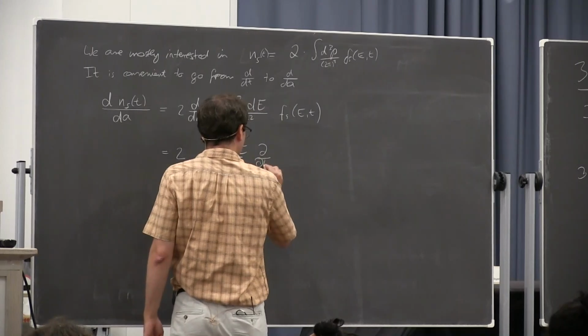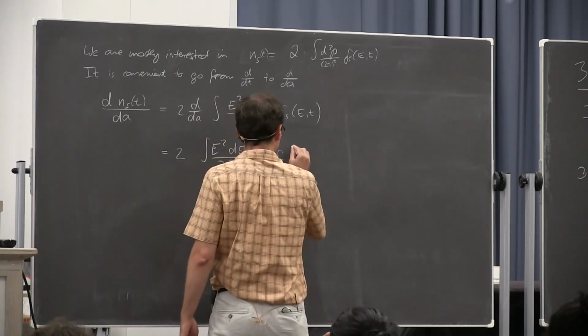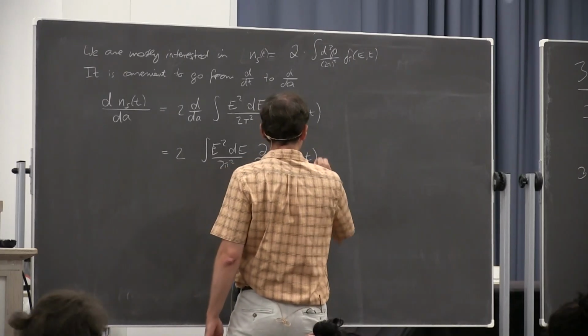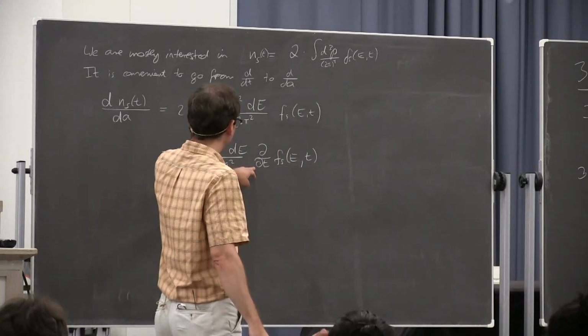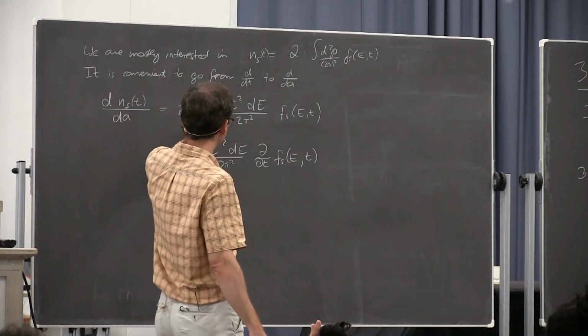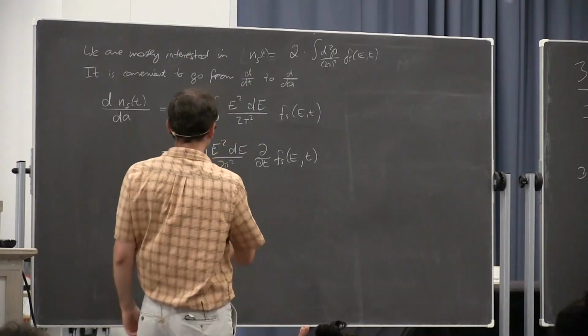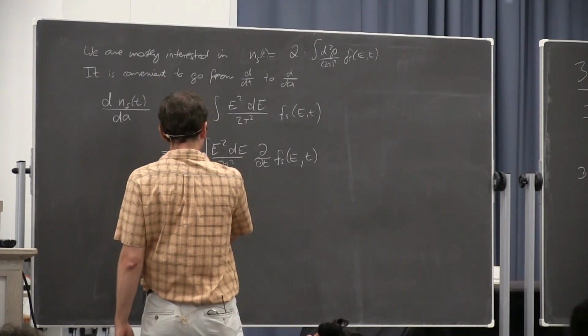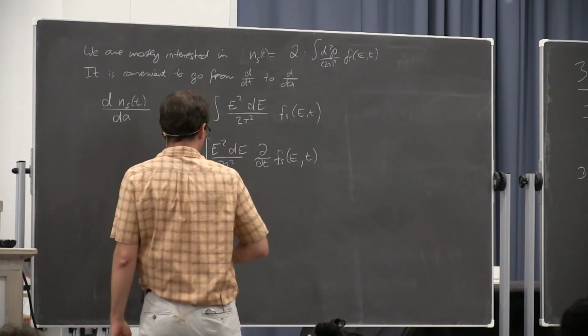Now I'm first considering the term with the partial time derivative, partial d over dt fs of e comma t. And now I still need dt over dA, which means that I basically need a 1 over a dot.